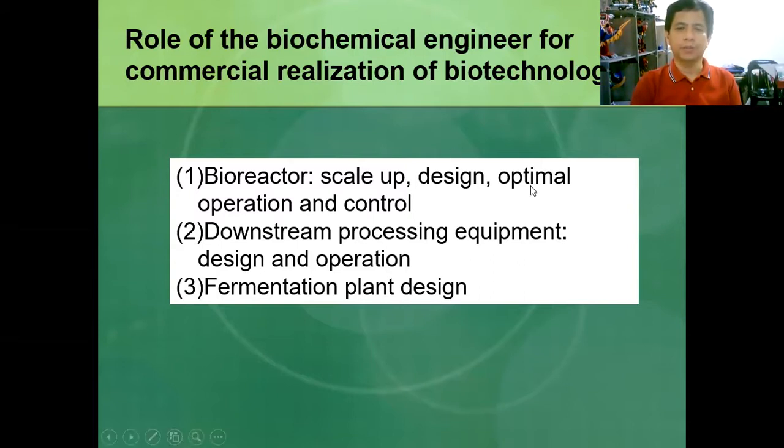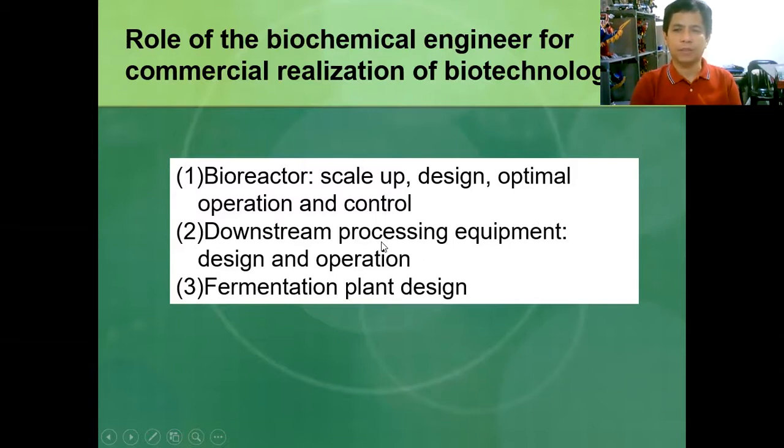Tapos tayo rin yung mag-i-specify nung control at saka kung paano siya ino-operate. Kung ano yung flow rate, kung ano yung i-maintain na temperature, ano yung i-maintain na pH, paano ko kontrolin yung pH, paano ko kontrolin yung temperature. So, ano yun ng biochemical engineer? Duty yun.